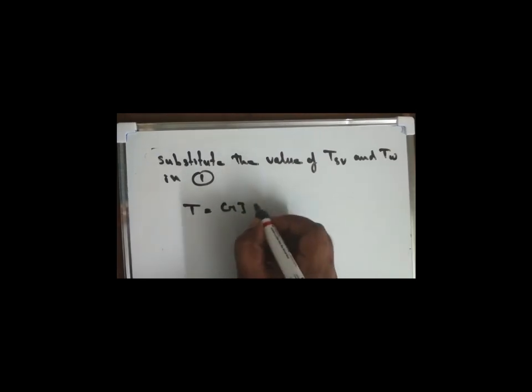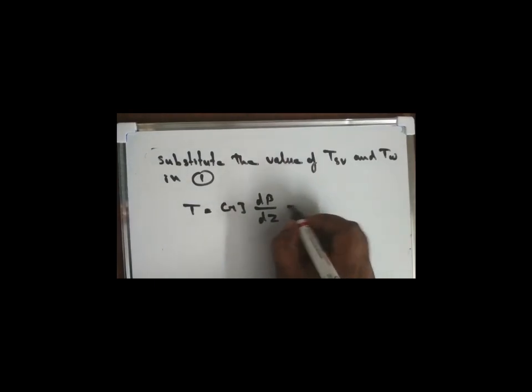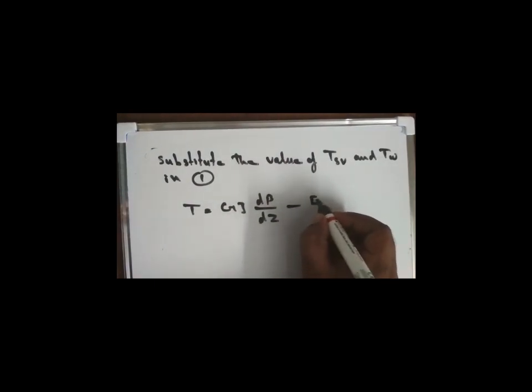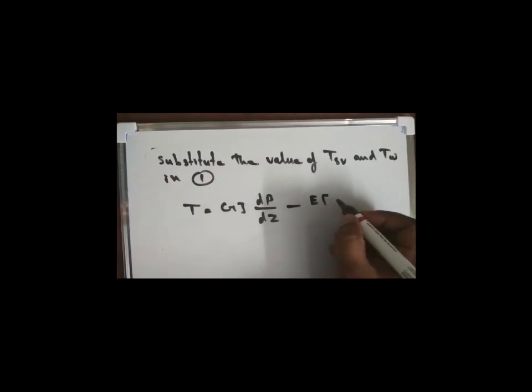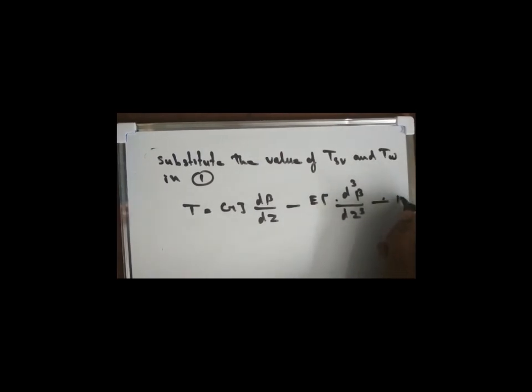TSV we have already determined. T is equal to GJ into d beta divided by dz minus E gamma into d cube beta divided by dz cube. That equation is called 10. It's a very important equation.